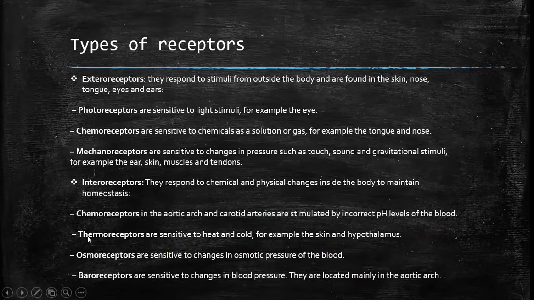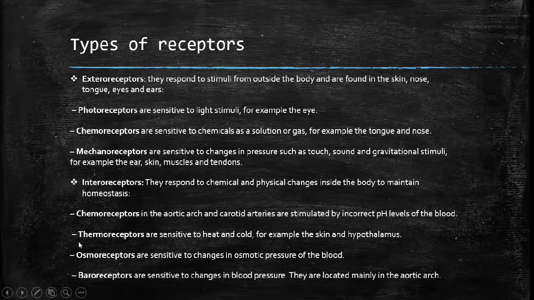When it's very cold outside, these thermoreceptors receive the stimuli. And then once they receive the stimuli, the information is transmitted via the sensory neurons to your central nervous system for interpretation, and then to bring about a response so that you do not shake or shiver, because once it's cold, you start shivering.